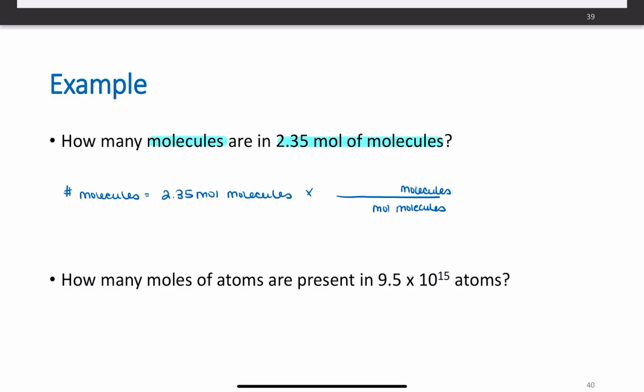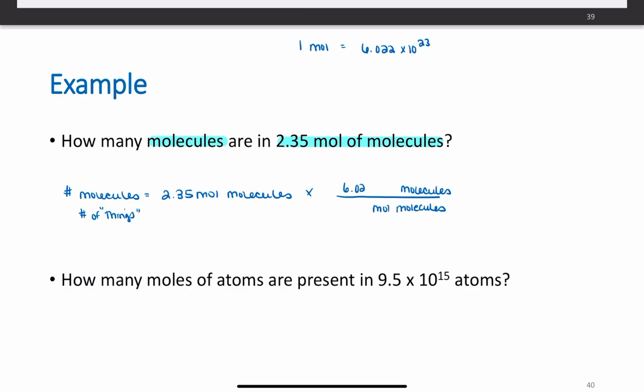The one conversion I have that goes between number of things and moles is Avogadro's number. I know that 1 mole of anything is equal to 6.022 times 10 to the 23rd of that thing.